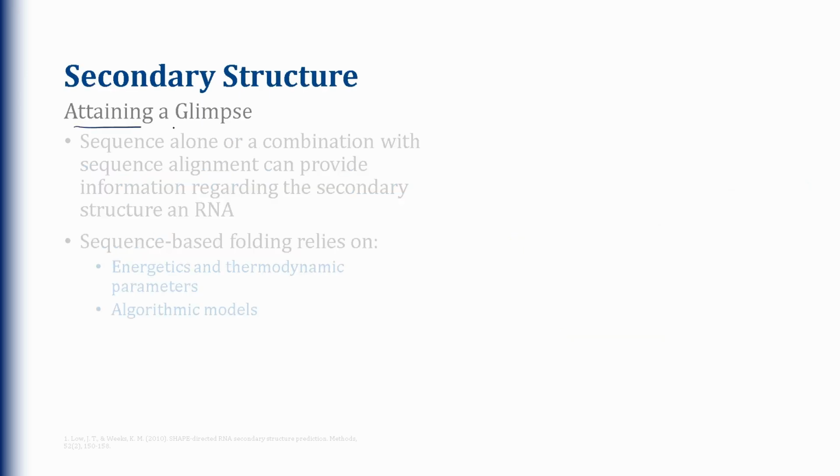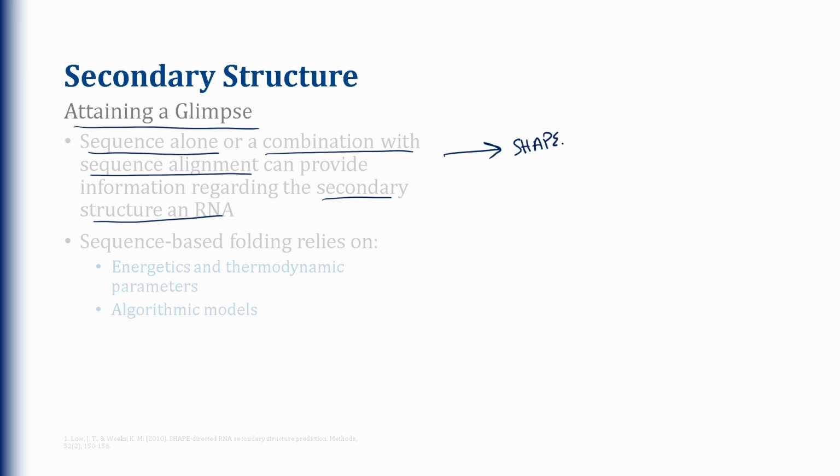Now, we can attain a glimpse of a potential secondary structure of an RNA molecule using sequence information alone or in combination with sequence alignment. This can provide information regarding the secondary structure of RNA, but you want to constrain that because it's not very accurate. The way you constrain that is by adding information that you obtained from SHAPE. You can do this via software, so that can be done automatically for you, or alternatively, some people do this manually.